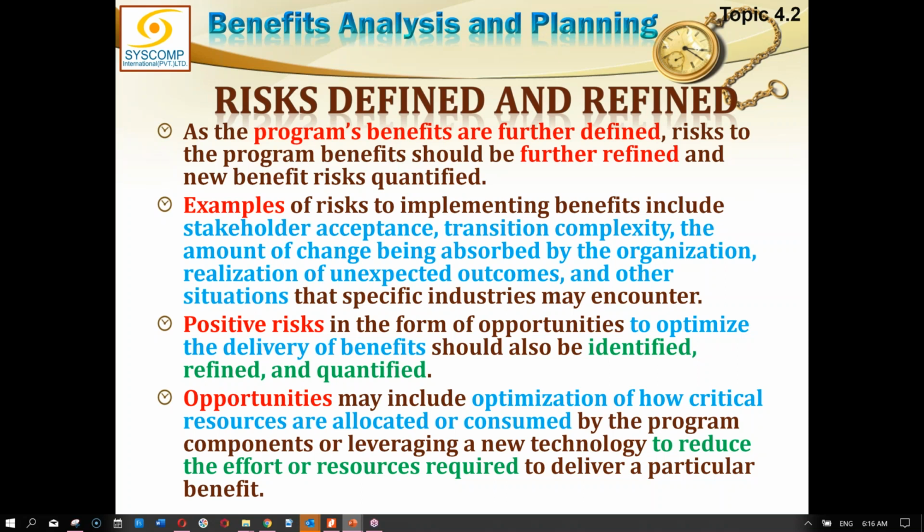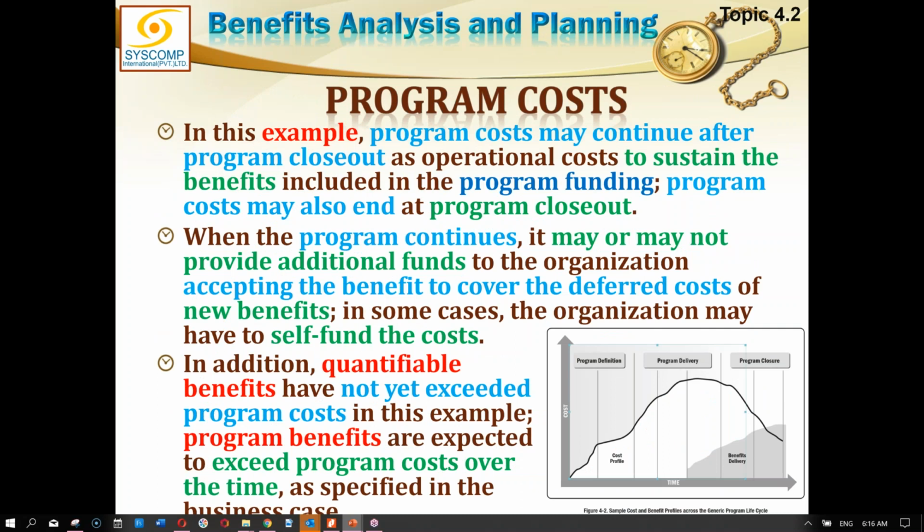You're saying that sometimes even after the benefits have been realized and transitioned to the operational side, your costs can still continue.